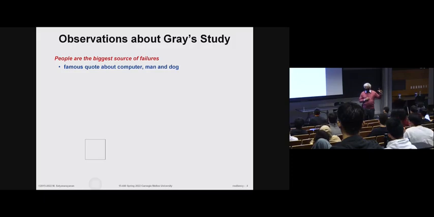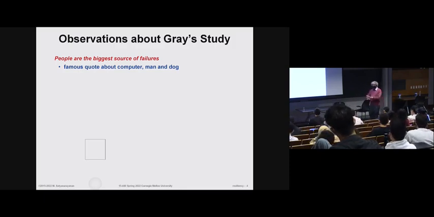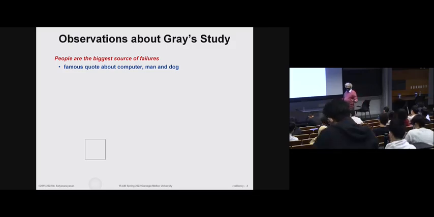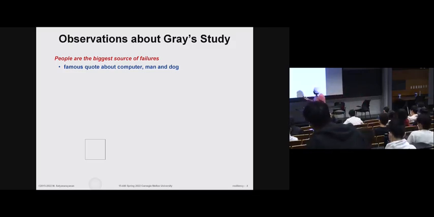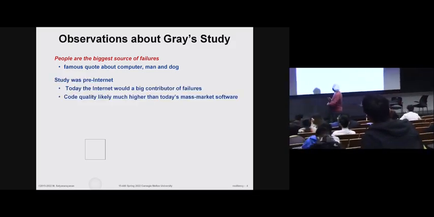Question is, what is the purpose of the dog? The purpose of the dog is to keep the man or woman away from the computer. All those errors on the previous slide would have gone away, right? If they had only followed this instruction.